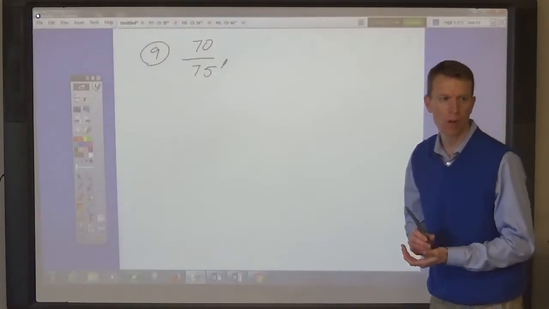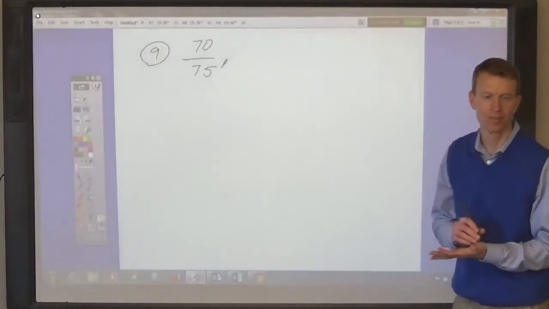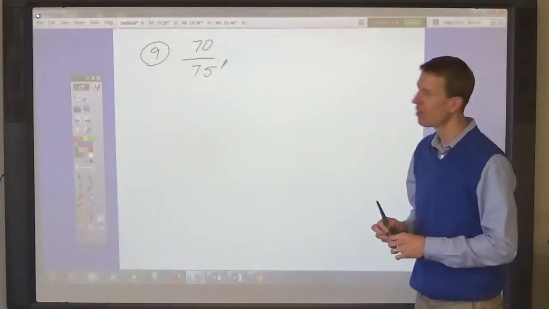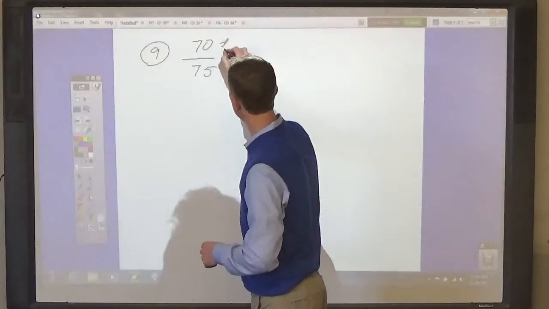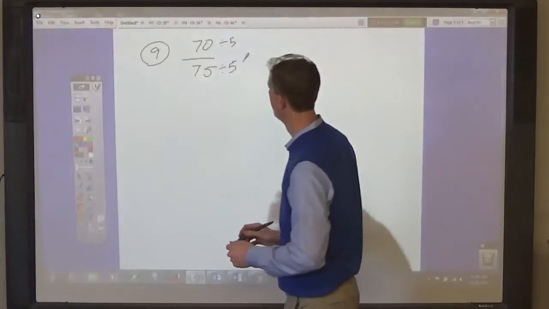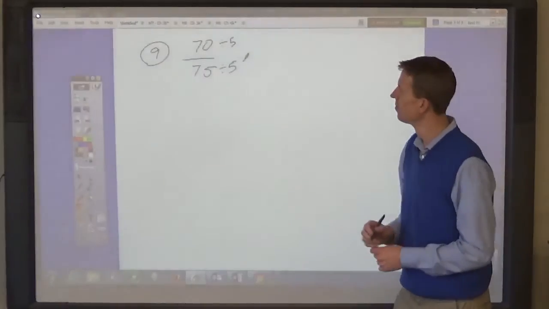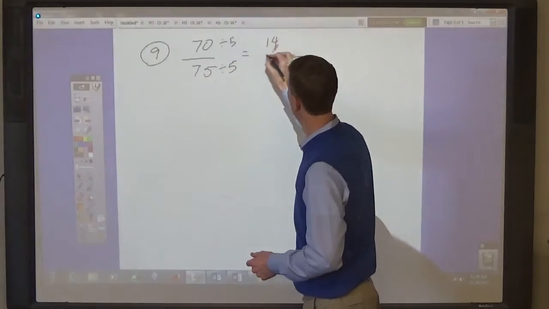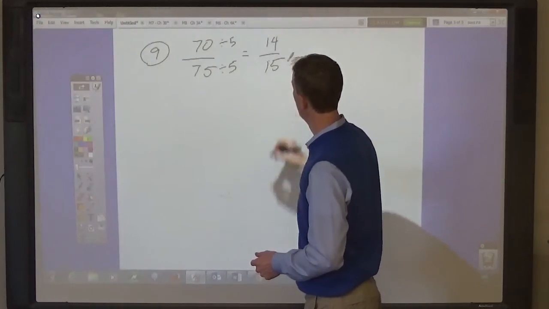What factor goes into both? 5. So divide them both by 5. Okay? I guess that one actually already gets you to the lowest term.